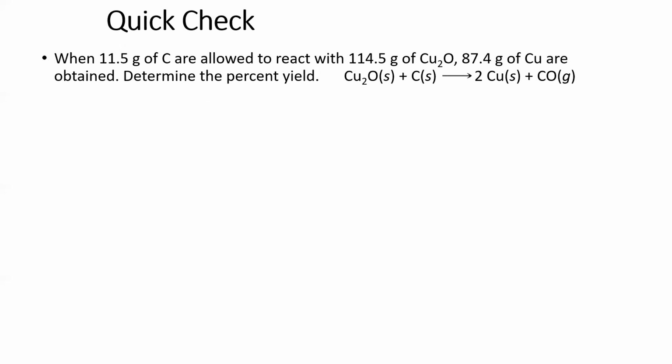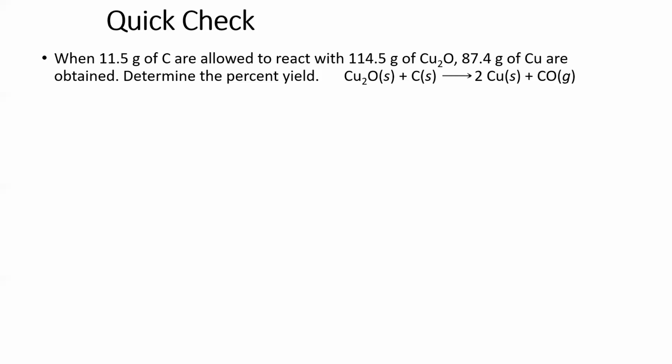So let's apply it to a stoichiometric problem. When 11.5 grams of carbon are allowed to react with 114.5 grams of copper 1 oxide, 87.4 grams of copper are obtained. Determine the percent yield. So right off the bat, we see that now there's three numbers.